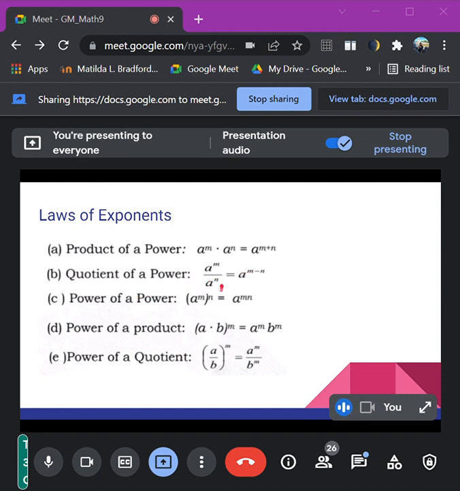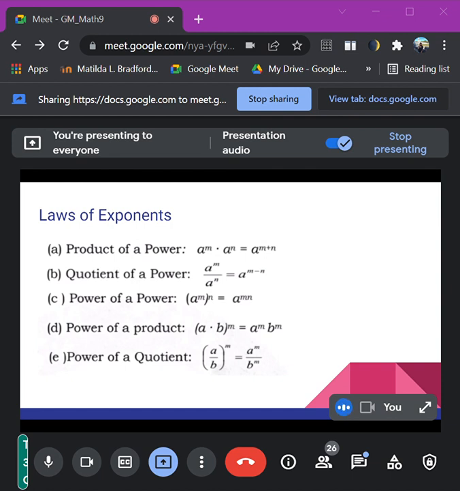So this time, if the operation is division, what you do with the exponents is subtract. Okay? Remember that the base must be the same, class. If it is 2 on top, it must also be 2 on the bottom. For example, you have 2 raised to 3 and this one is 2 raised to 2. So, you just subtract.